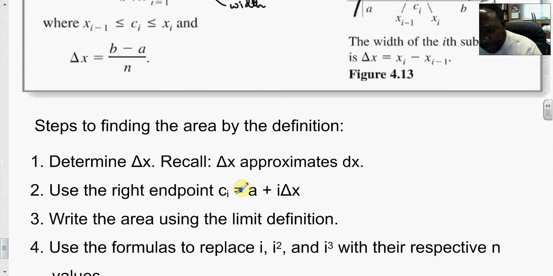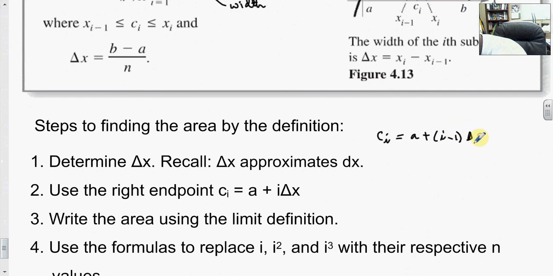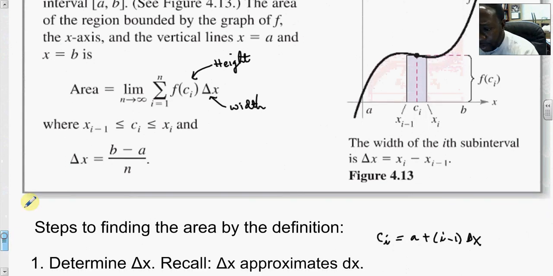If you use the left endpoint to get c sub i, then it looks like a plus i minus 1 times delta x. So this is the left endpoint and this is the right.